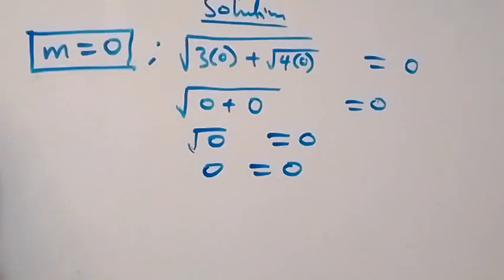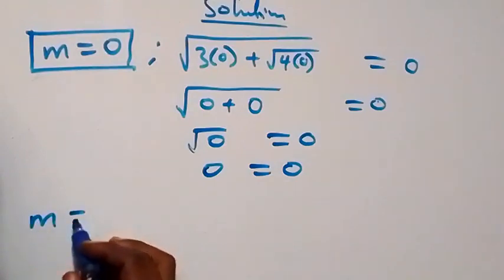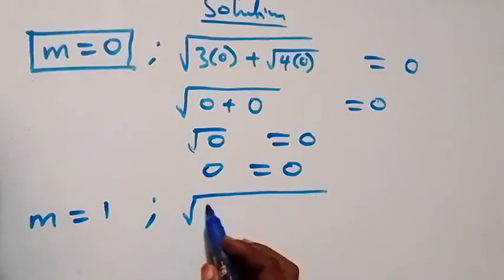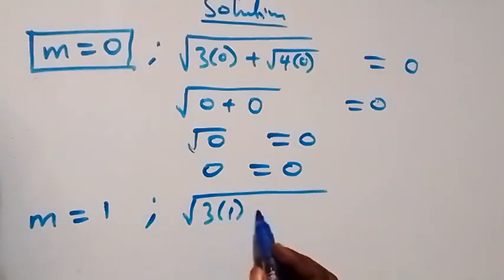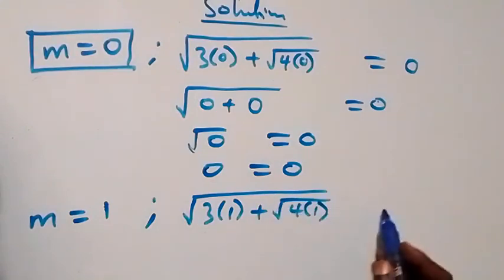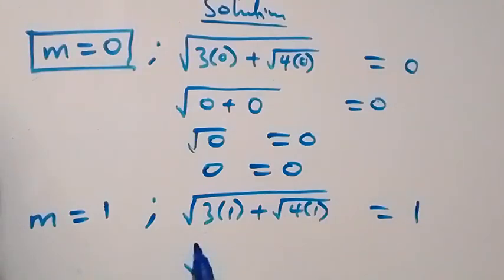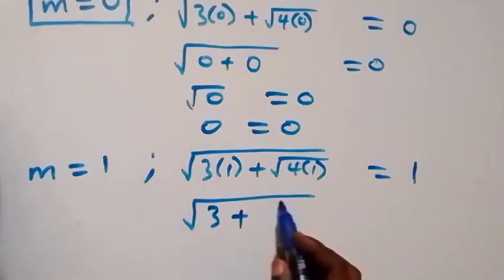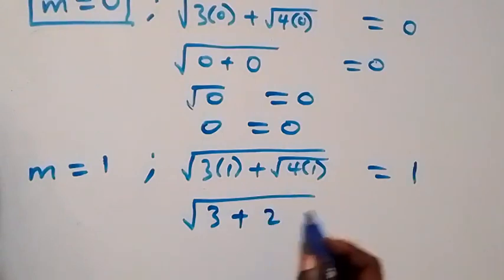Then for m equals to 1, the equation becomes square root of 3 times 1 plus root 4 times 1. Will this be equals to 1? Here, root 3 times 1 is still root 3, plus root 4 times 1, that's root 4, that's 2.